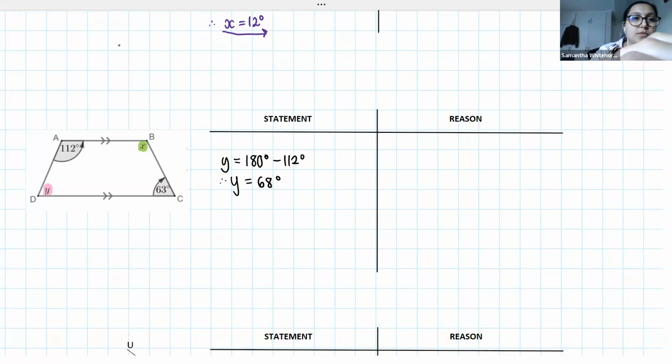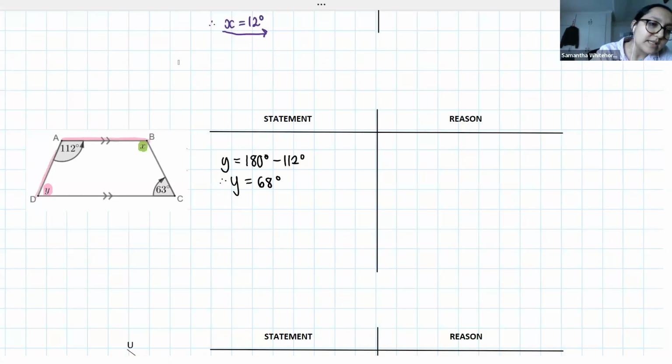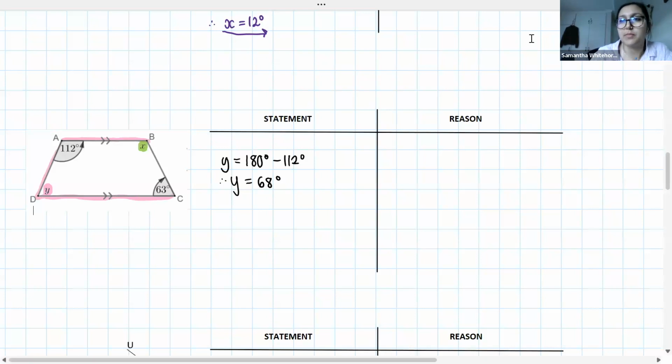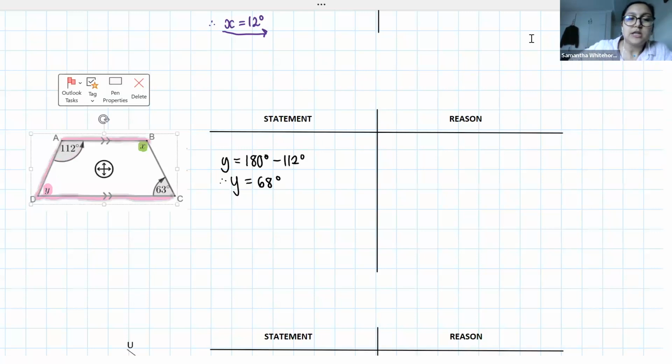Excellent. Okay, so guys, it doesn't matter that we started with Y, it makes no difference. Because of the parallel lines AB and CD, we've got this U shape or the C shape or the cup shape or whatever. And we know that then the angle at D plus the angle at A must give us 180. So that's why Sabiso said there Y equals 180 minus 112.